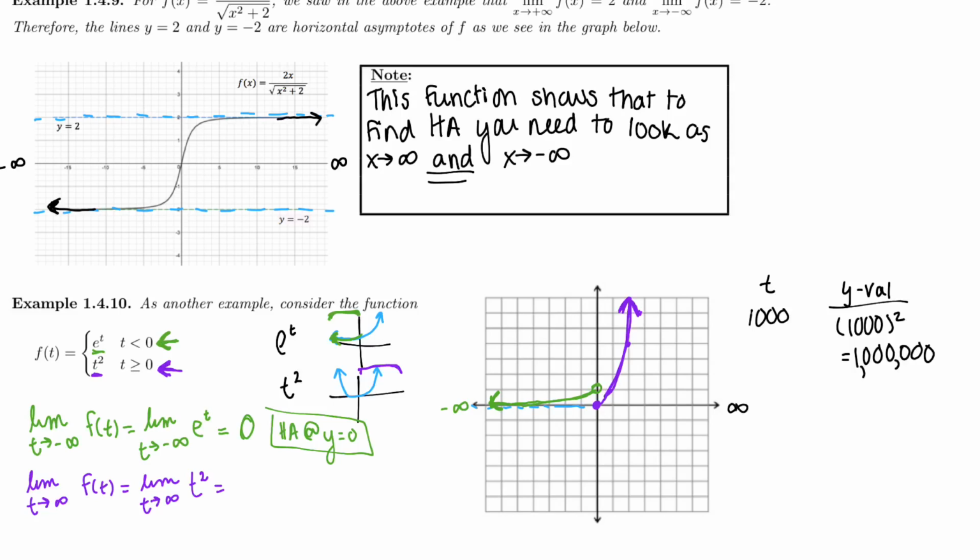So those are just going to get bigger and bigger. If you're going to positive infinity, that means there's not a horizontal asymptote in that direction. So this whole function has one horizontal asymptote, and it has it at y equals 0.